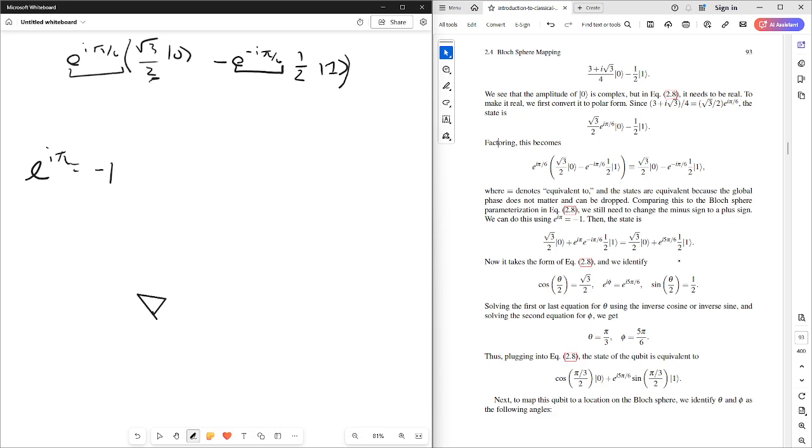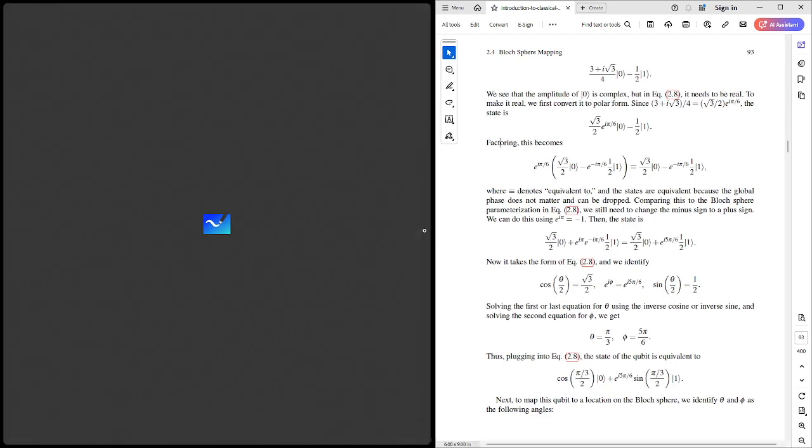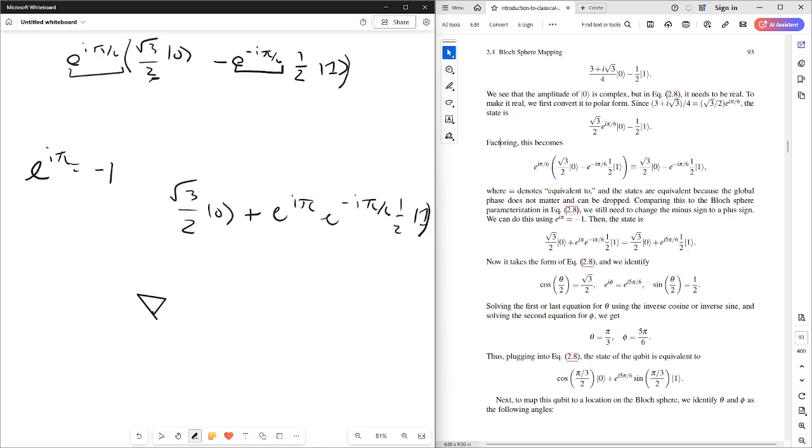But basically what they're saying is that this minus 1 is equivalent to here, so then we simply can pull that out. And we wind up with plus e to the minus I pi over 6, 1/2 state 1. Oh, okay.